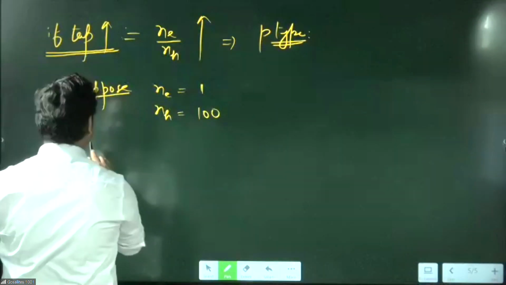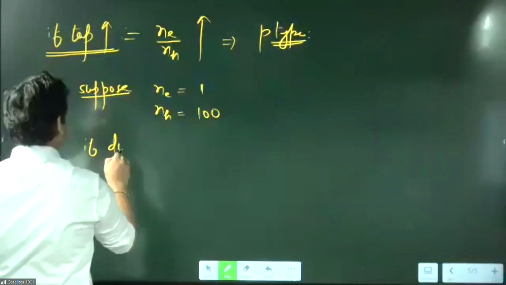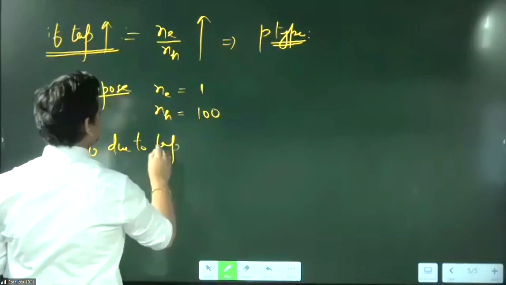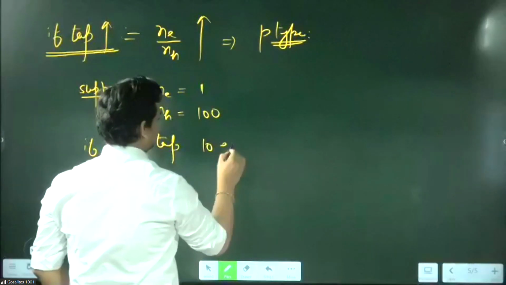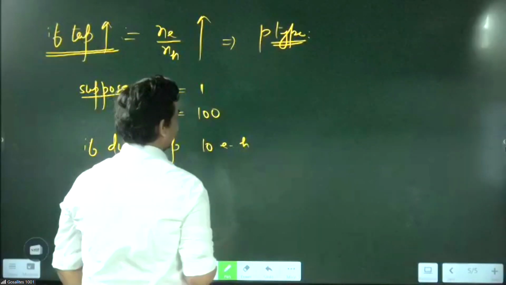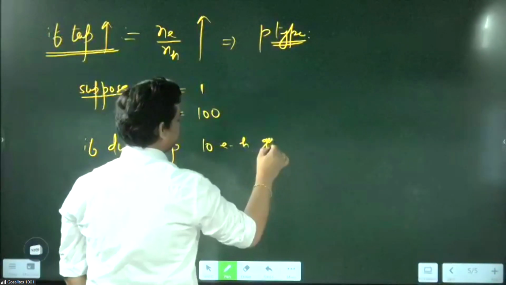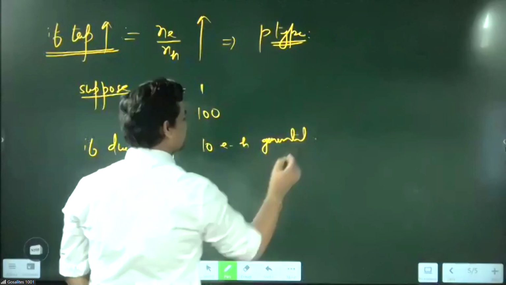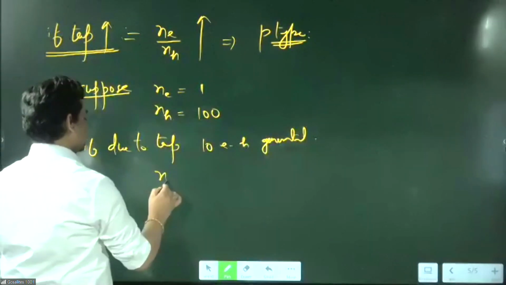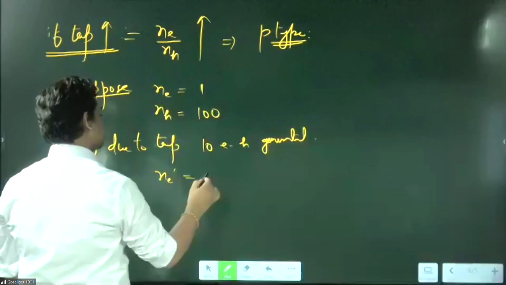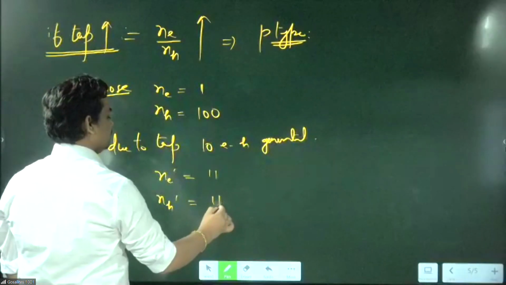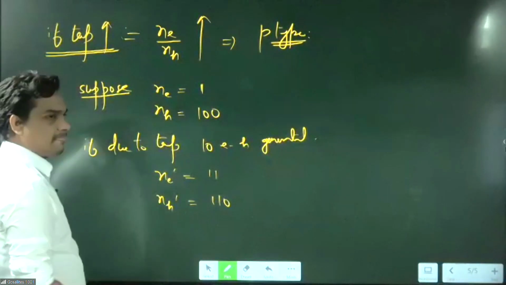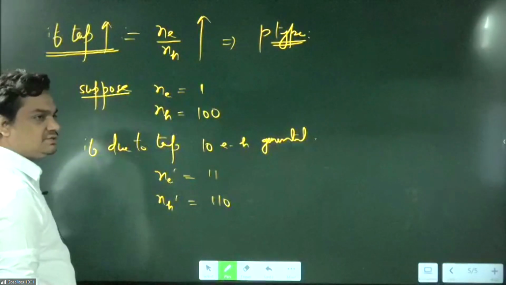Now suppose due to temperature 10 electron-hole pairs are generated. Then Ne dash will be 11, and NH dash will be 110. 10 are generated, so 11 and 110.